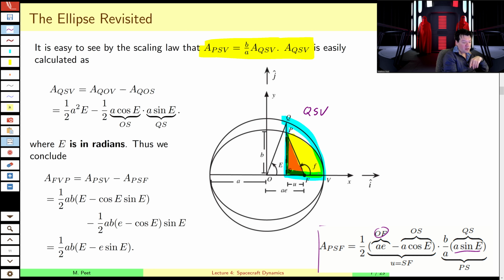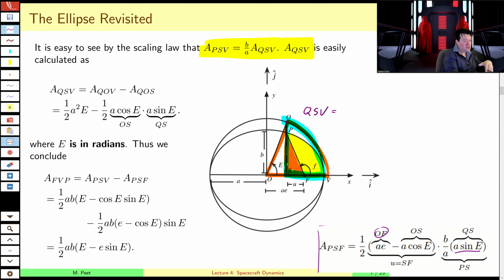That's the area all the way up to the inscribing circle. We want that area because it's easy to calculate given the areas QOV and QOS, which are both easy to calculate. If we can calculate those two, we can find the difference between them, and that's going to give us QSV. So QSV is a little bit easier to calculate.